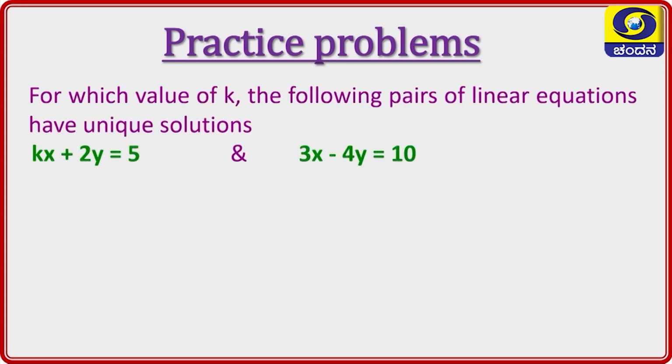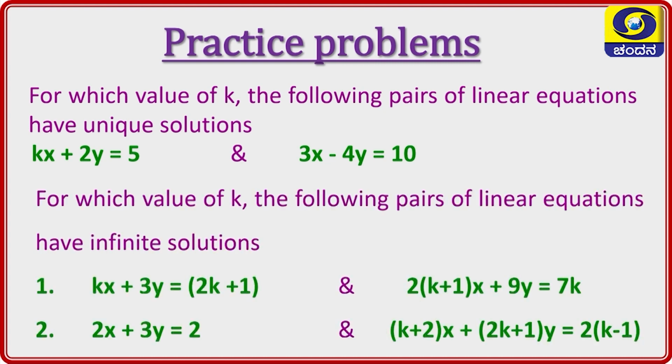For which value of k do the following pairs of linear equations have a unique solution? Unique solution. That is, kx plus 2y is equal to 5. Second equation, 3x minus 4y is equal to 10. One more problem, children.